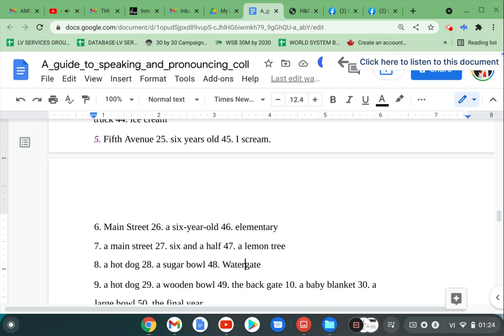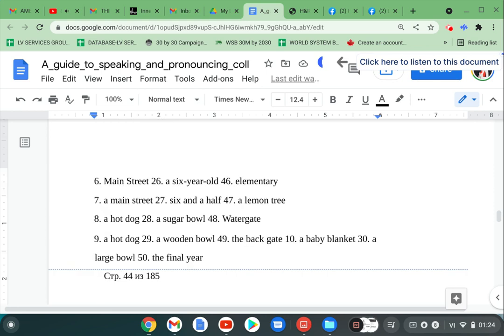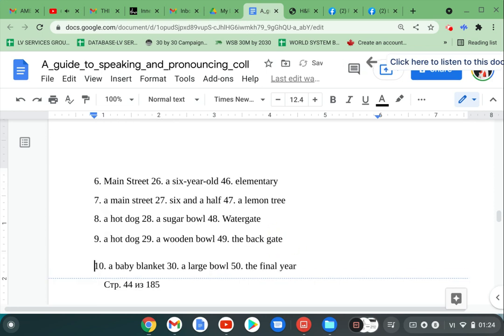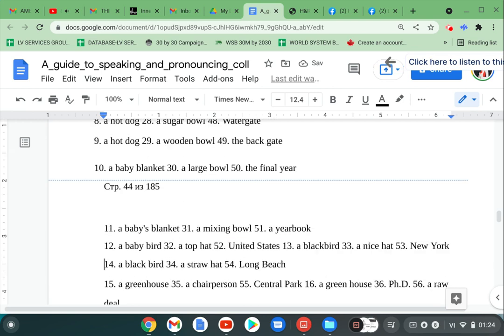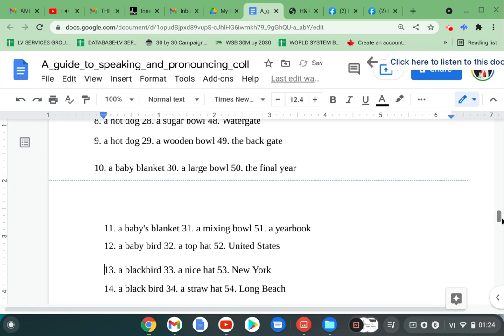A baby blanket. 11. A baby's blanket. 12. A baby bird. 13. A blackbird. 14. A black bird. 15. A greenhouse. 16. A greenhouse.